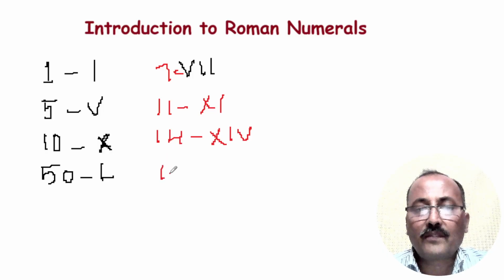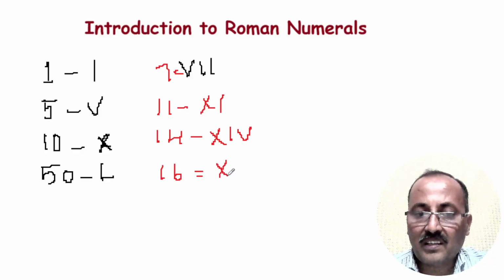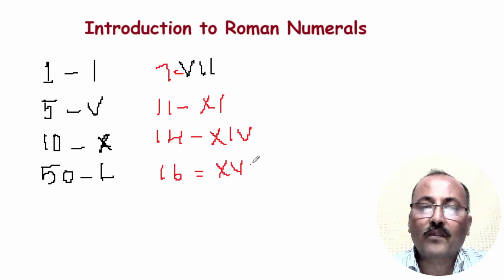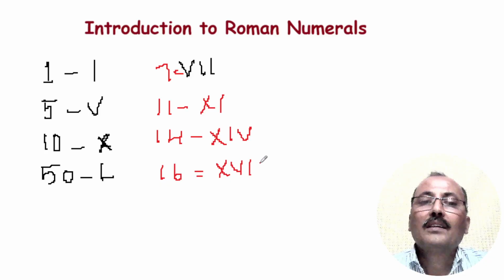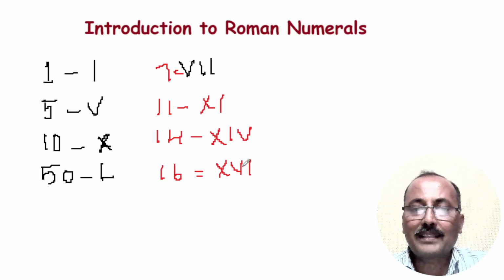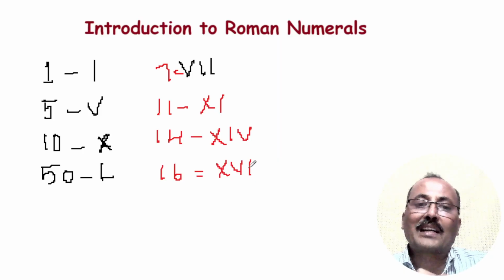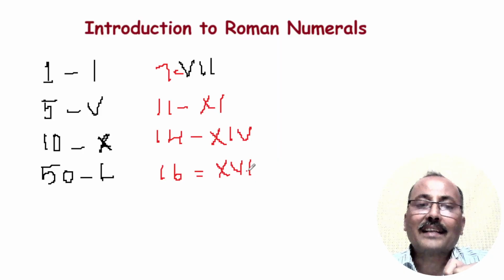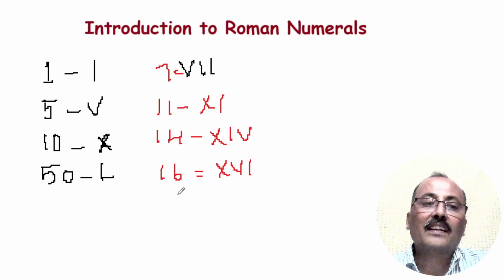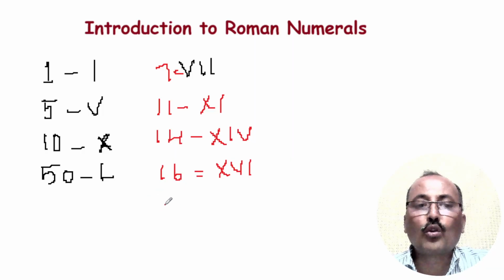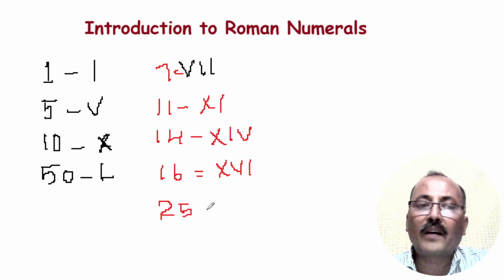Suppose they want 16. What will they do? X for 10, V for 5, I for 1. That means totally it is 16. This is nothing but the addition of those numbers. Now suppose we want 25.